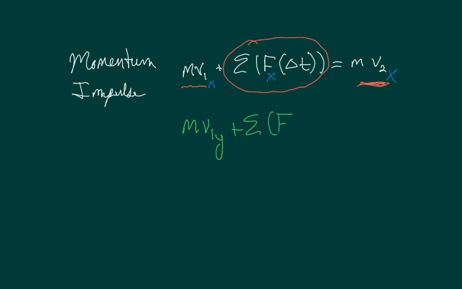So now we'll have all these forces in the y direction, because momentum, if you recall, is a vector. And we could do this for z as well, but we're not going to really need to worry about z in this class. So you can have that in the x direction and the y direction, because momentum and impulse are both vectors.